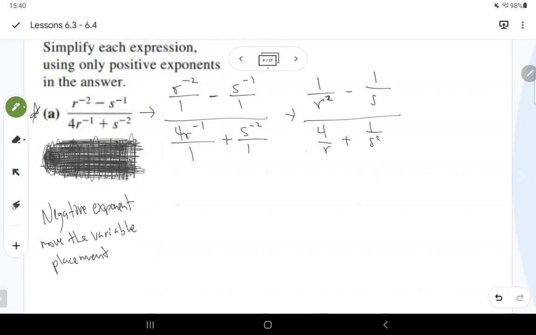You would have said something along the lines of r plus s squared over 4r squared minus s. You can see these two things are not equal. So don't do that. You want to do it the way that I did it.